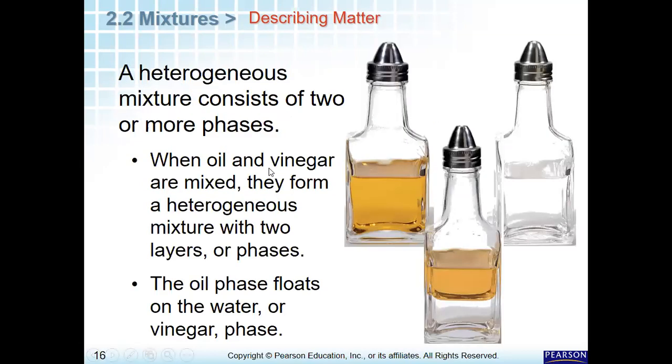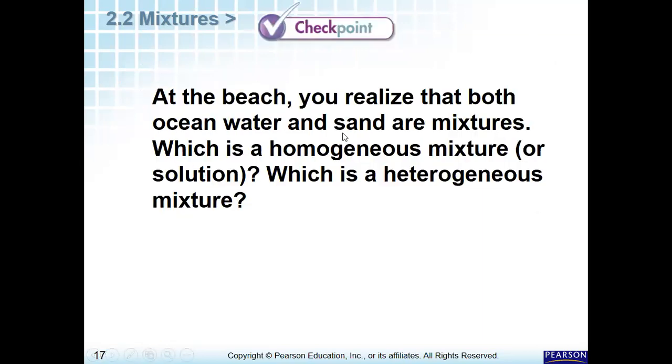The heterogeneous mixture consists of two or more phases, so you can differentiate between them. Like you see here between the oil and vinegar, you will get two different phases, or two different separate layers.